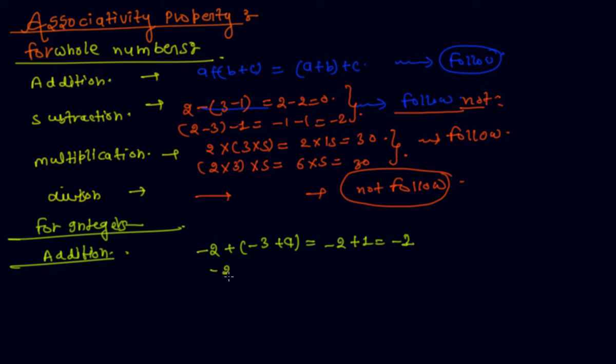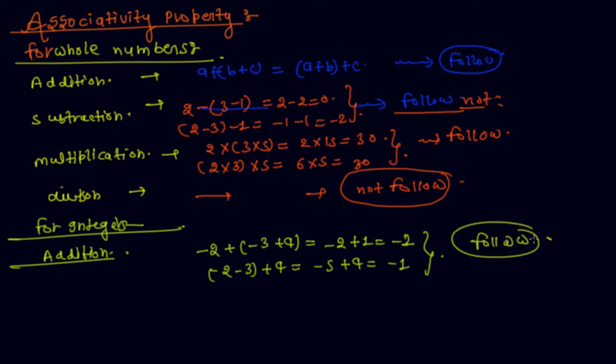And if I take it this way, (minus 2 minus 3) plus 4, then the answer is minus 5 plus 4, the same answer, minus 1. So it follows. So addition is associative in the case of integers.